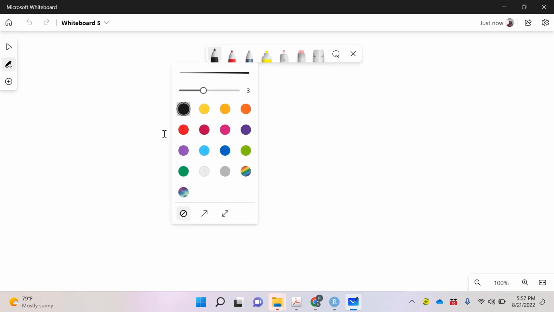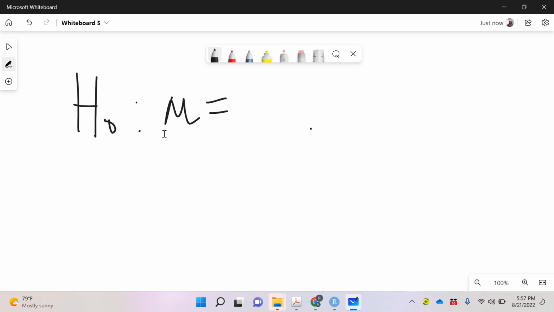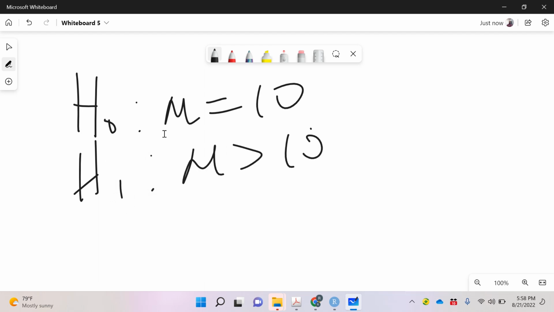So the hypothesis I'm testing now is that H naught is mu equal to 10, and then H1 is that mu is greater than 10, right? Is that okay? That's what we are testing. So I'm using greater, that's why I chose greater.